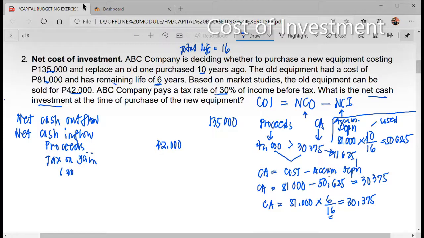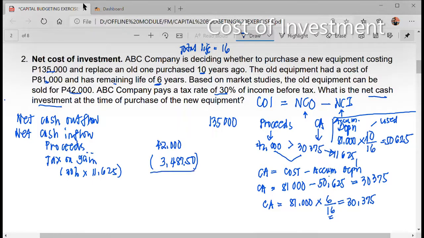So 30% of 11,625. So times 30%, you have 3,487.50. And remember, when it is a gain, that is a deduction. When the result is a loss, you add it to the proceeds. Okay?